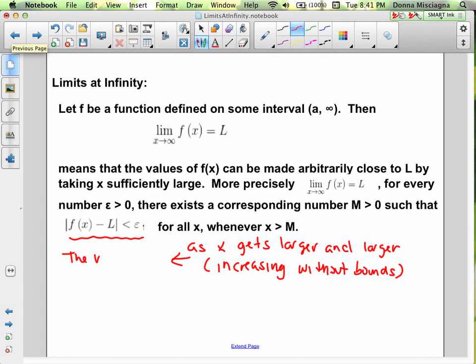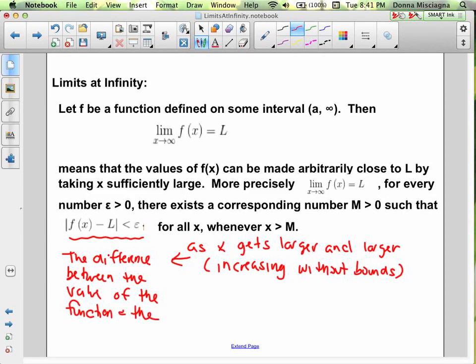I just want to write it underneath this part. The difference between the value of the function and the limit gets smaller and smaller. Let's see if that makes sense.